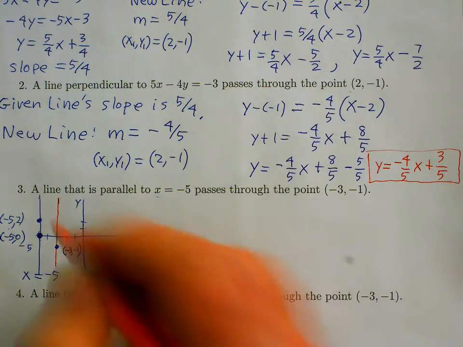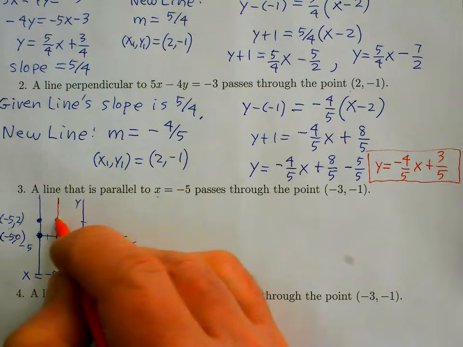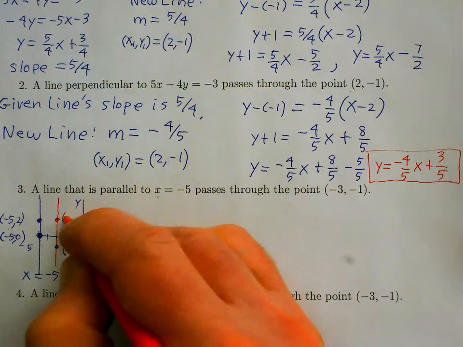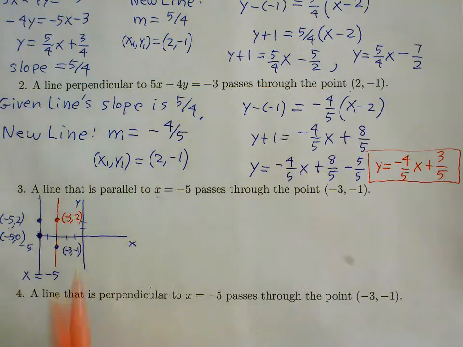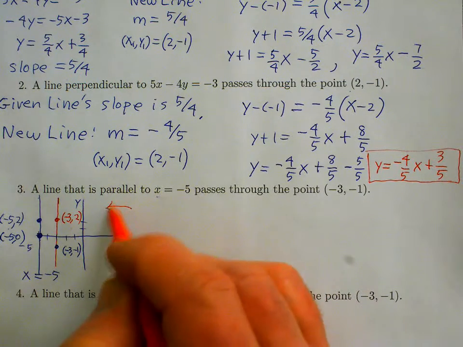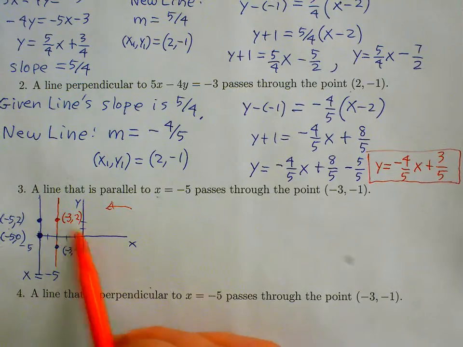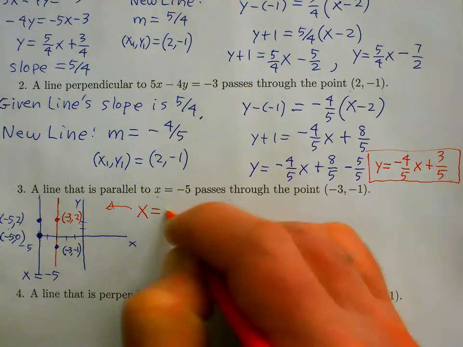And this vertical line that passes through -3, -1 is the line on which every point has the same x-coordinate of -3. So the equation of that vertical line through -3, -1 and -3, 2 is x equals -3.